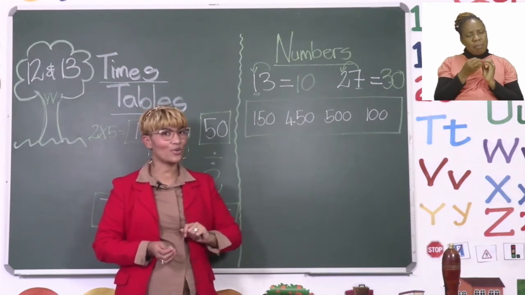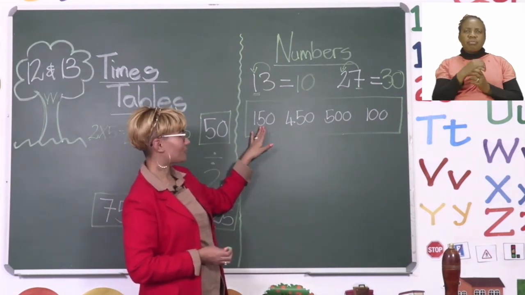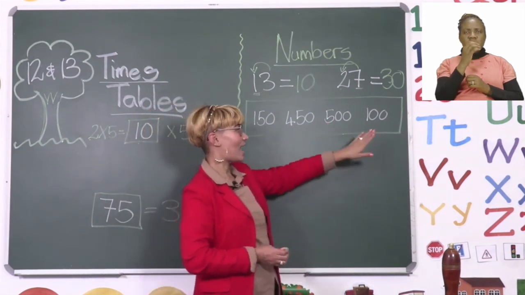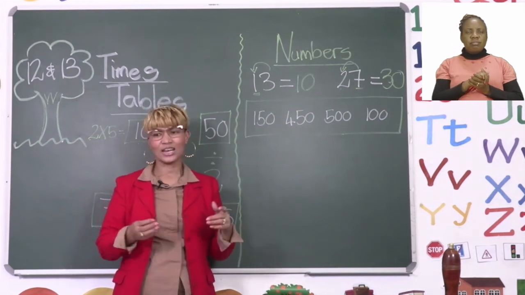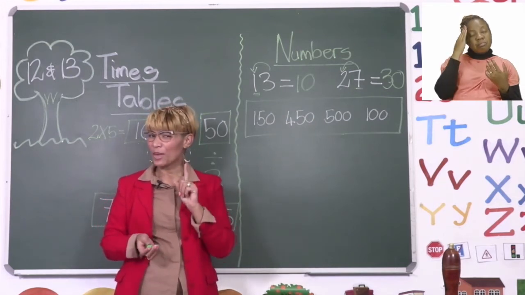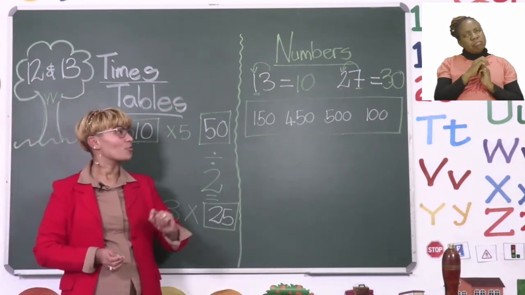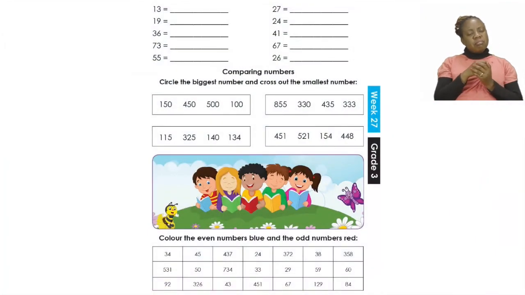Let's quickly have a look at our numbers: 150, 450, 500 and 100 again. Now that we have all the numbers, what is it that we have to do? If we quickly go back to page 13, let's read one more time. In each block, you circle the biggest one and you cross out the smallest one.